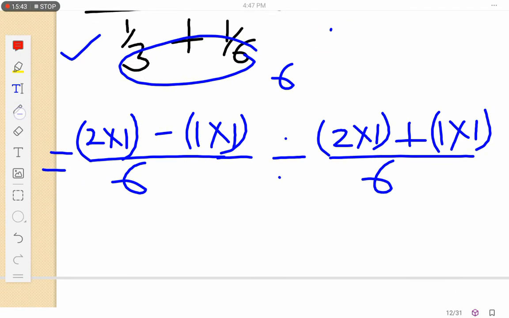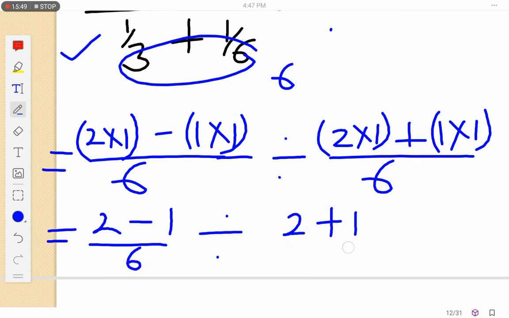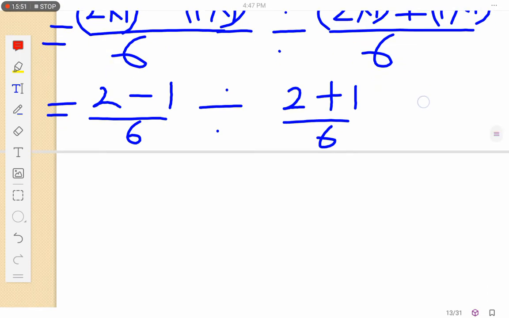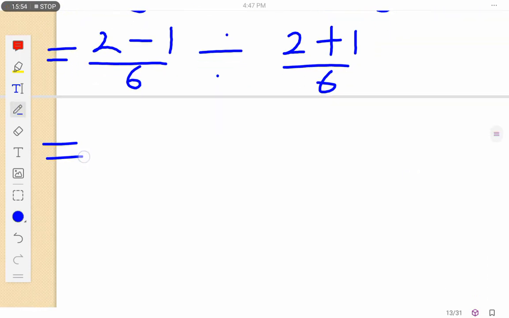Okay, let's finish it. So I have got 2 minus 1 over 6 divided by 2 plus 1 over 6. Okay, like that. 2 minus 1, we get what? 1 over 6, then divided by 3 over 6. Let's do that and finish off.